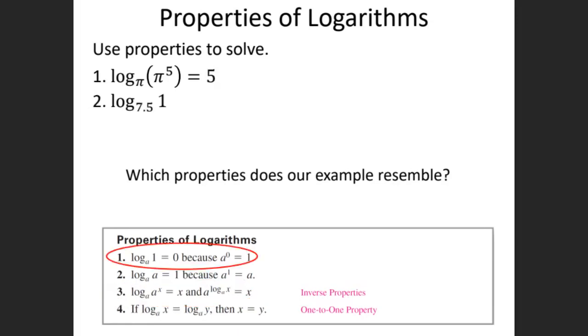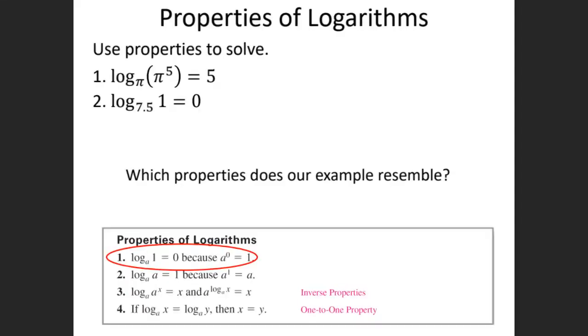How about this one? Log of base 7.5 with an input value of 1. If I know my properties, I don't care what the base is. That base could have been whatever number. I know that the answer is going to be 0, because any log with an input of 1 is just going to give me 0.